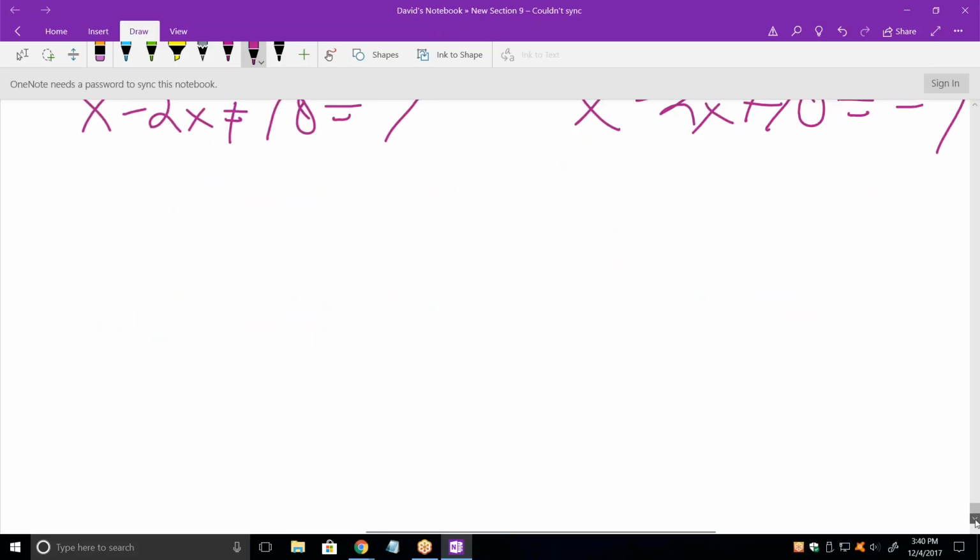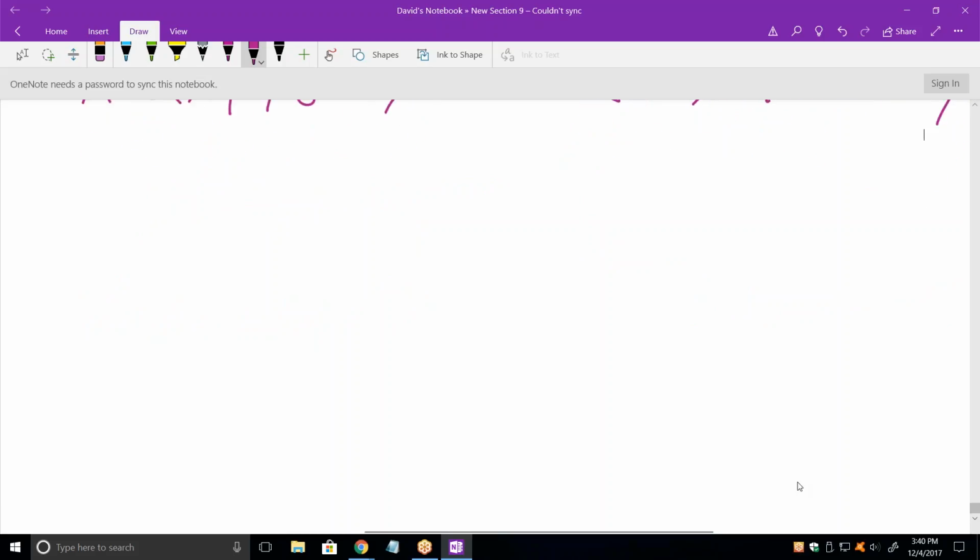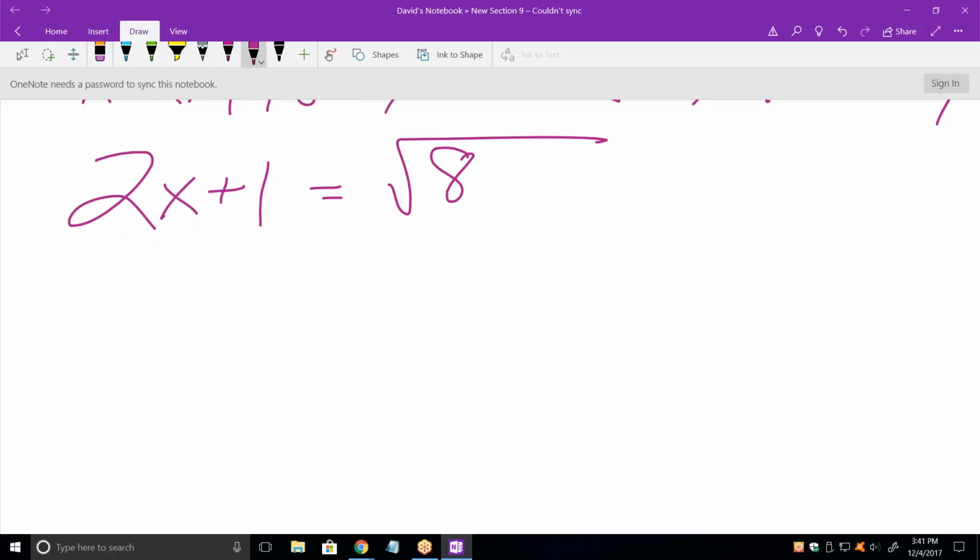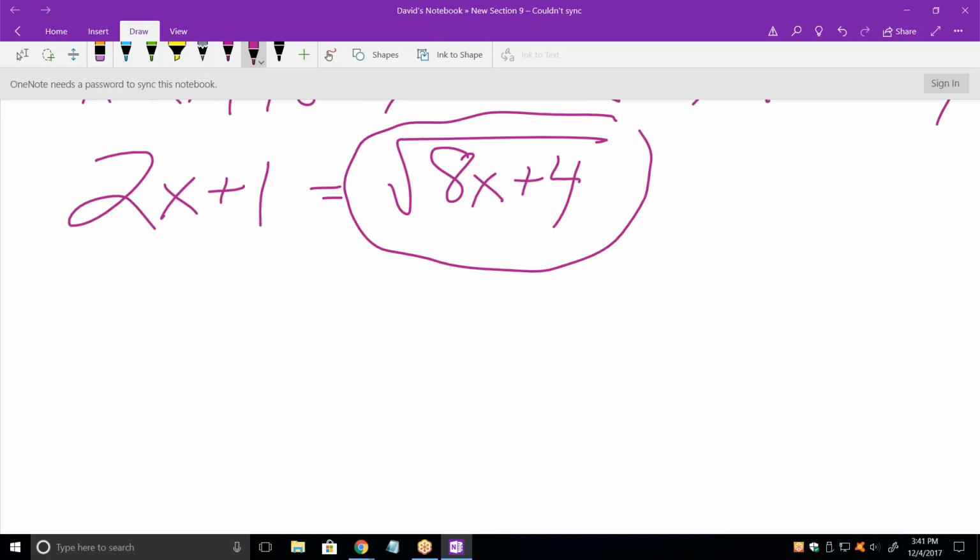Okay. 2x plus 1 equals the square root of 8x plus 4. When you have a radical sign in an equation, you try to isolate the radical, which is already isolated.